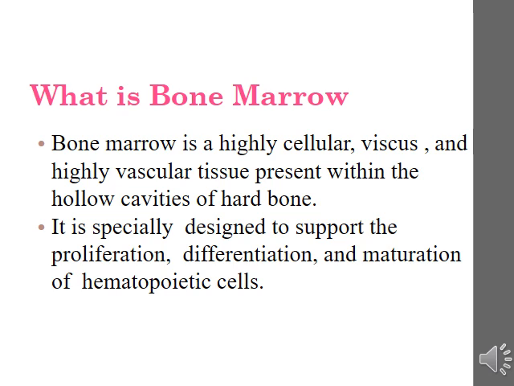It means many cells are present in the bone marrow, including mature and immature cells, WBCs, RBCs, platelets, and many other types of cells. That's why it's highly cellular, and it's highly viscous due to the presence of many cells, and highly vascular tissues present within the hollow cavities.